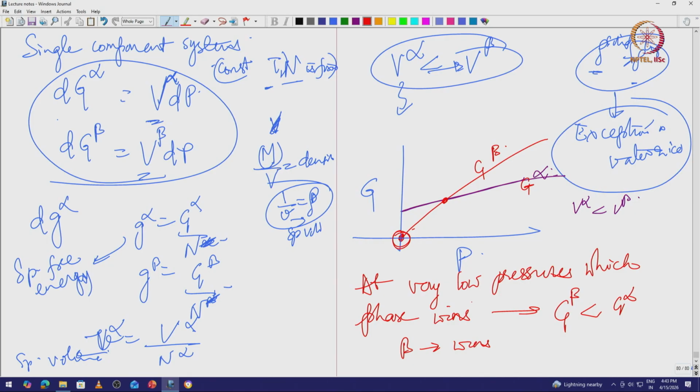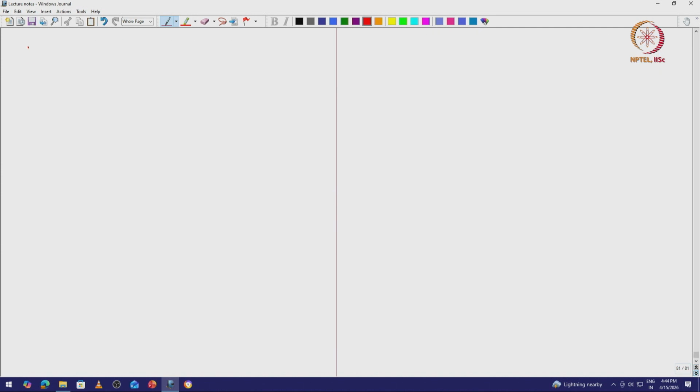Whereas at high pressures, beta wins means a high volume phase or a low density phase wins. This you sort of know, right. So I can pressurize materials to form crystals, right.